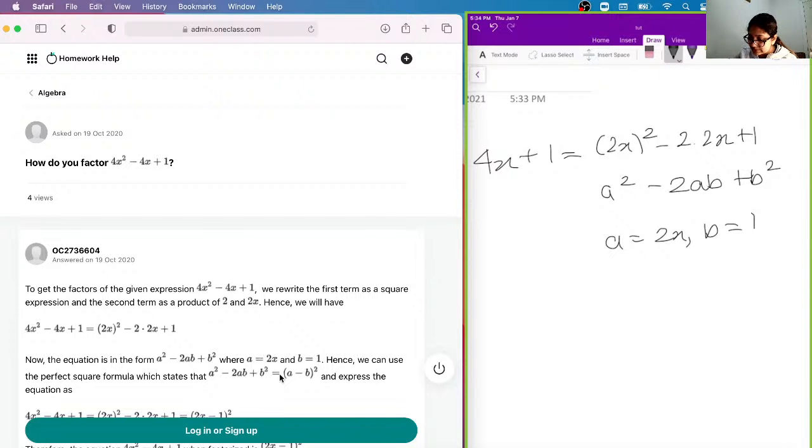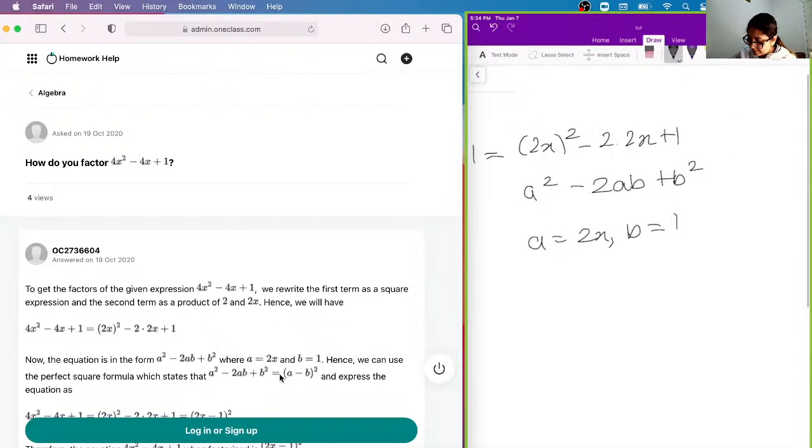And so we can use the perfect square formula, which states that this is equal to a minus b squared.